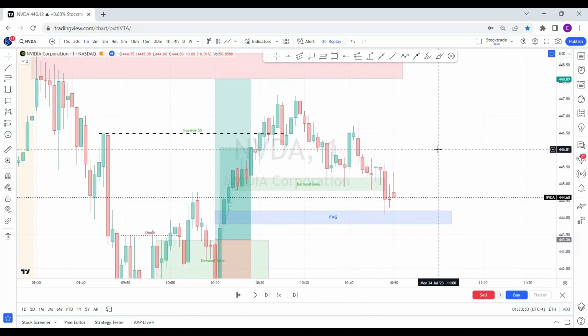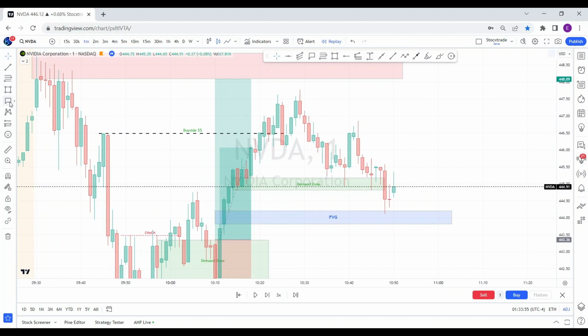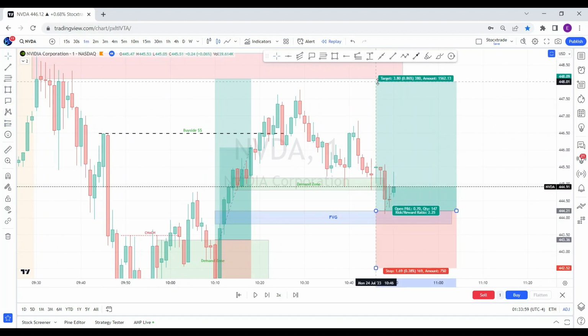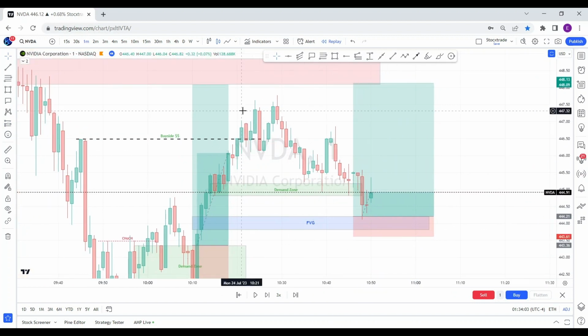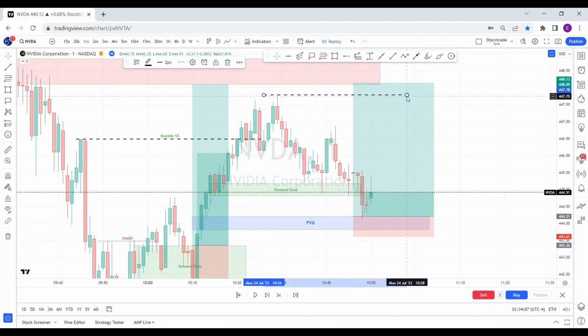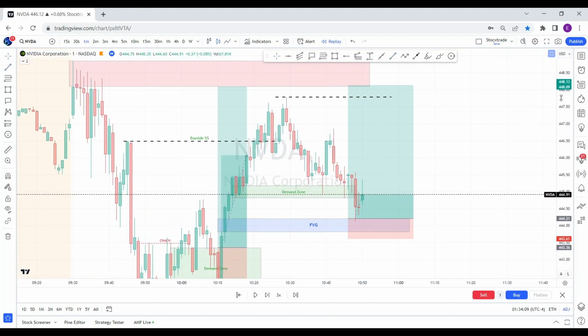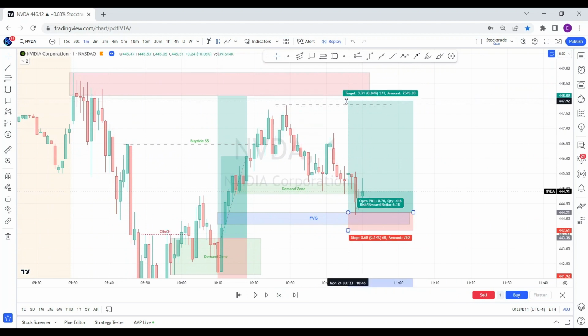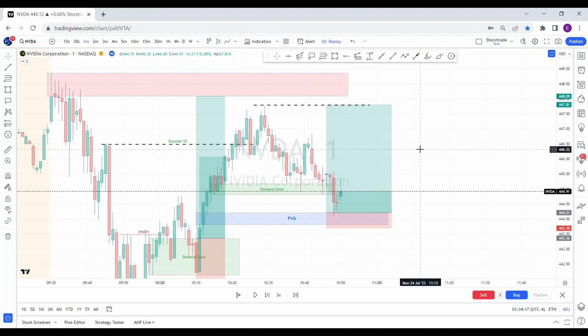You can have an entry again if you want another trade. So you can enter here. The target can be the first area, because now this is your liquidity. Buy side liquidity is this one, so you can exit there. Still, if you have this trade, then you can get 1:7, right?